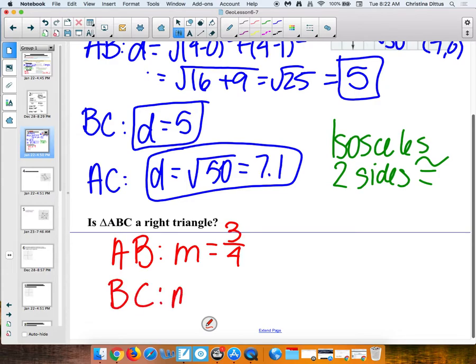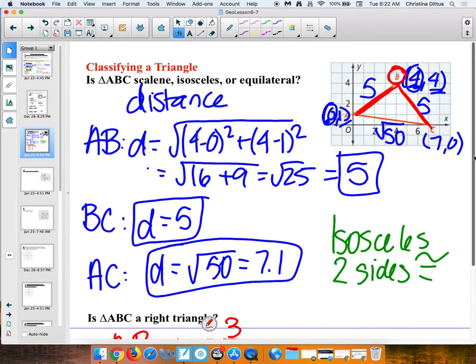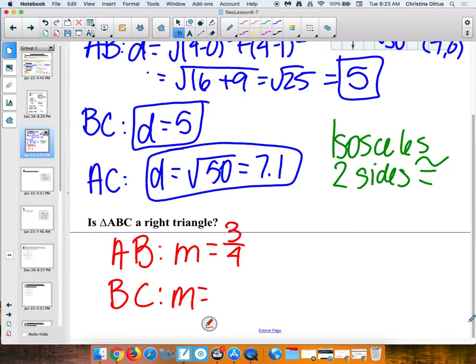BC, what is my slope? You guys calculate it. The slope of BC is 4 over 3. Is it a positive or a negative? Negative 4 over 3. So, if my slopes are 3/4 and negative 4 over 3, do I have a right angle? Yes. Why?